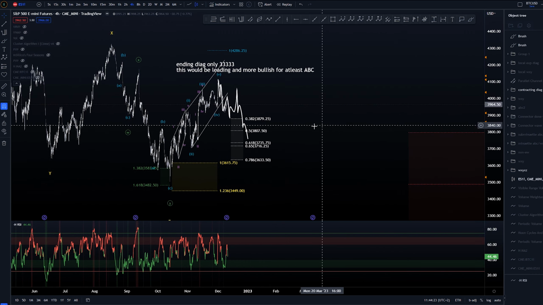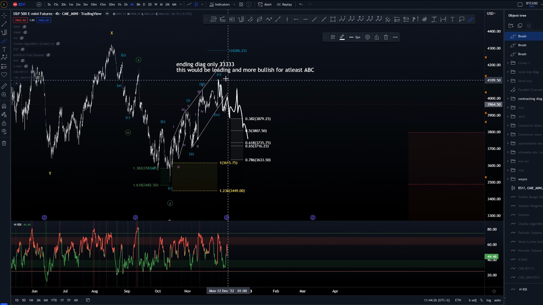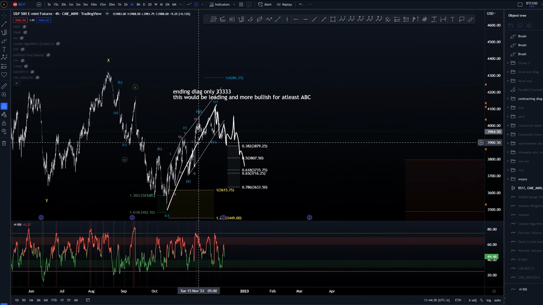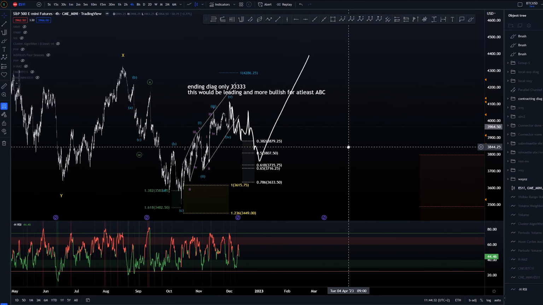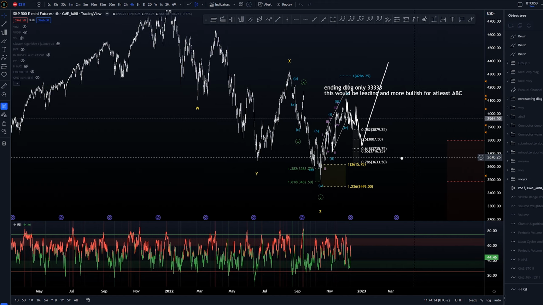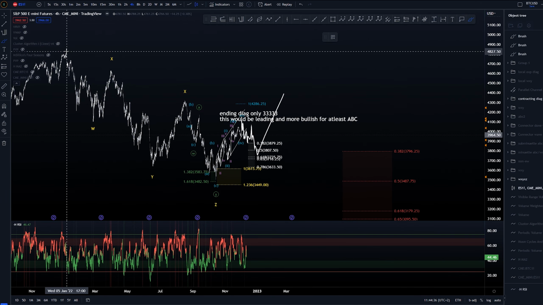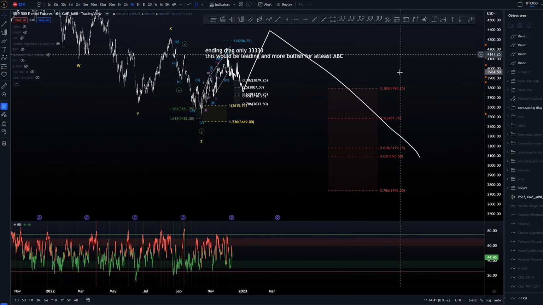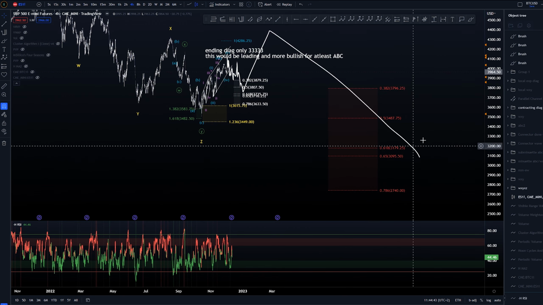So that would be some kind of a structure that would be the connector, connecting this structure over here into the next. And at that point, we would be already at the golden pocket.